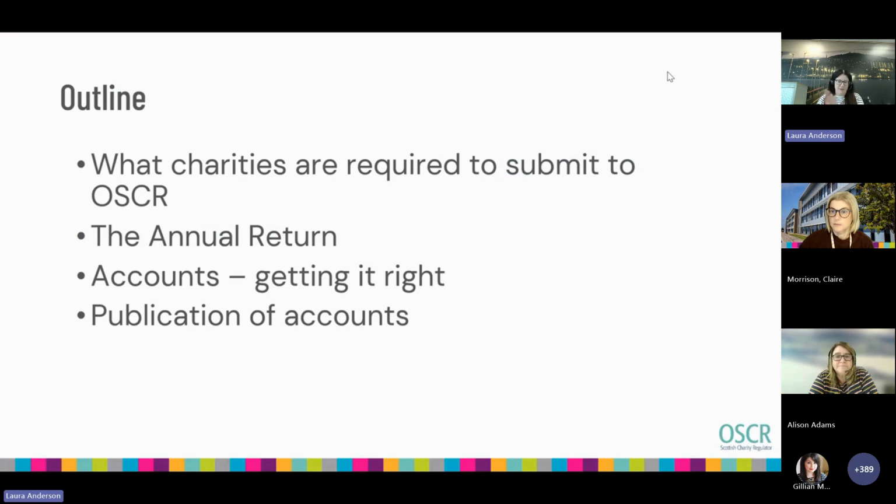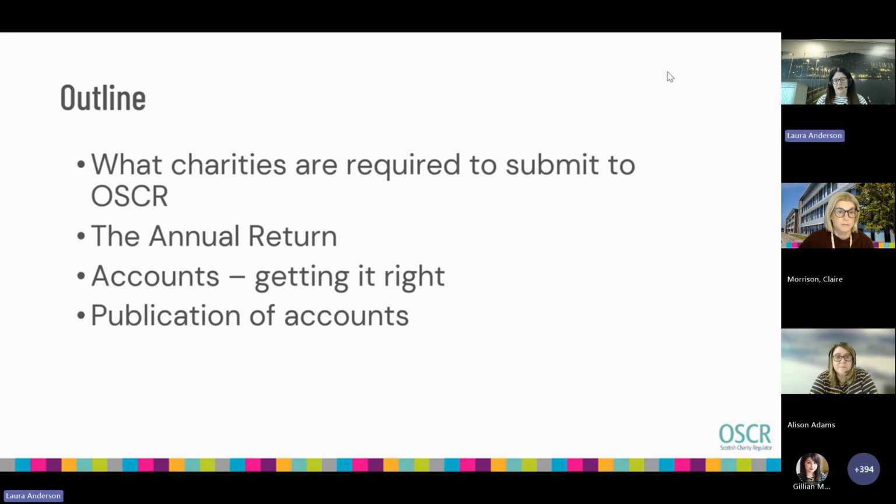Okay, so 4 key areas that we're going to cover in the webinar today. Firstly, we're going to touch on a brief outline of what charities are actually required to submit to OSCR every year. What is it that we're looking for from you each year? Then we're going to go on and explain the requirements in terms of the annual return process, the types of questions that you would be asked, and the information that you'll also need to provide when completing that.